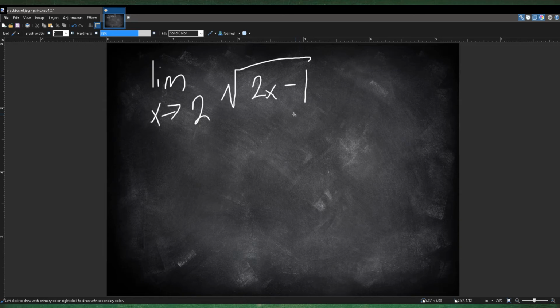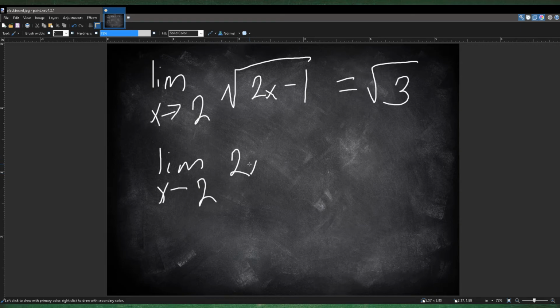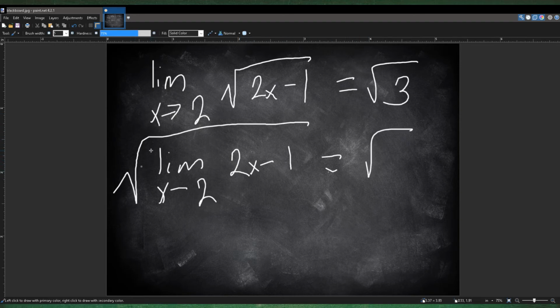We could plug that in, that's 4 and that's 3, so this ends up at square root 3. Or you could have the square root of the limit as x approaches 2 of 2x minus 1. So that's 4, and then 4 minus 1 is 3, and don't forget the square root from the beginning, and that's just square root 3. It's the same idea.